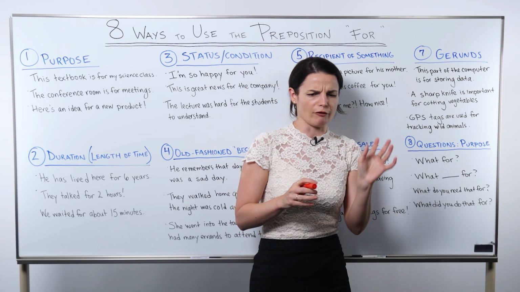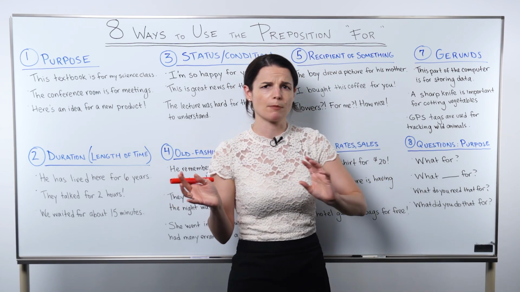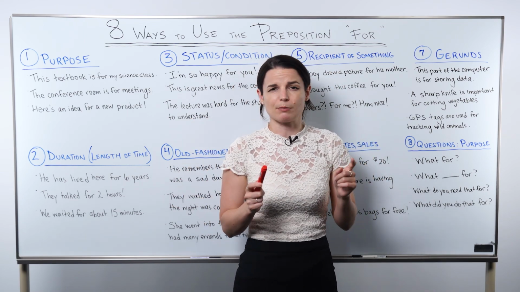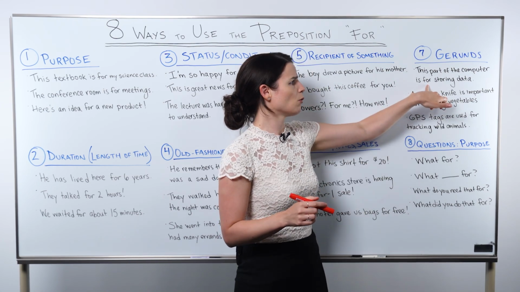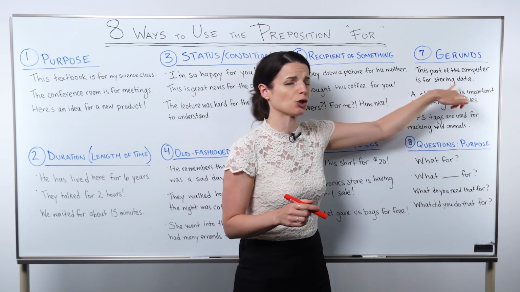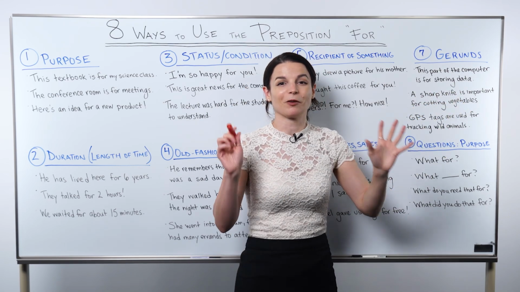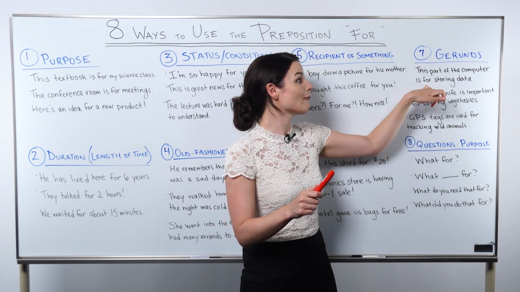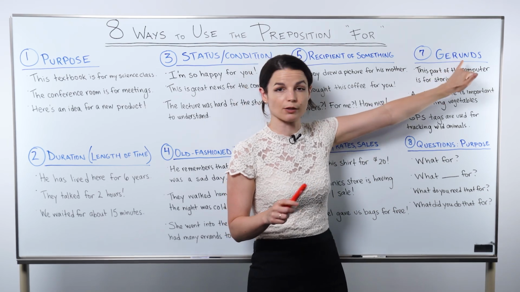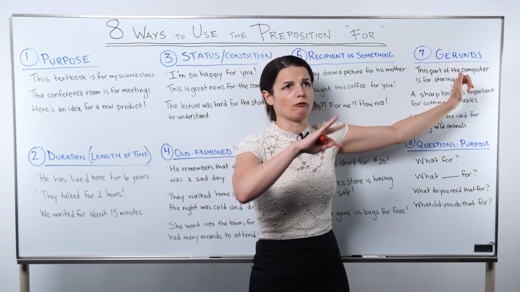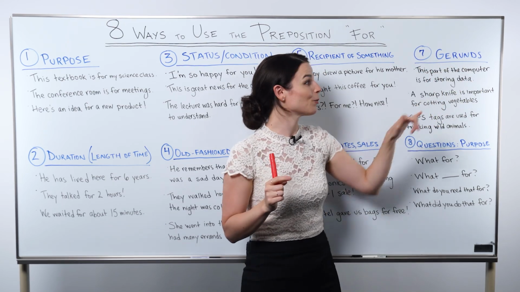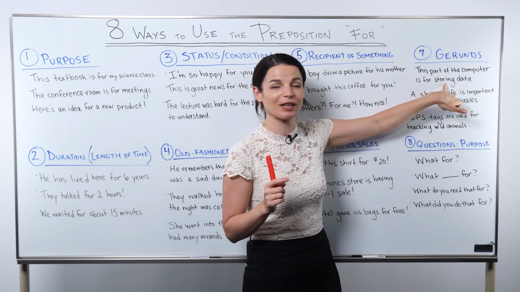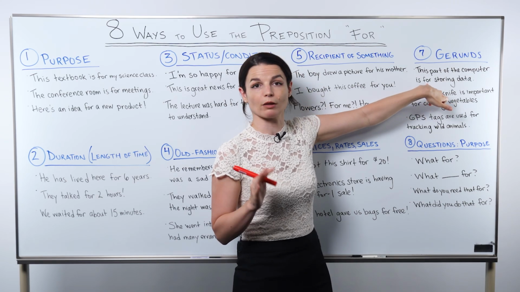Should I use the infinitive form? Should I use the gerund form? And one error I sometimes see is learners try to mix the two. They say like, for store data or to storing data, something like that. So the rule is please use for with gerund. Don't try to mix like for store or to storing. Make sure when you're using the gerund form here, you precede it with for.